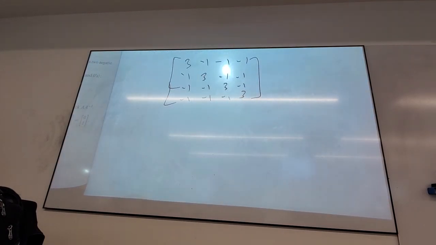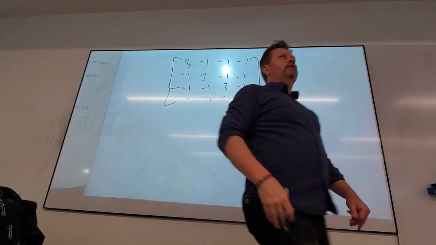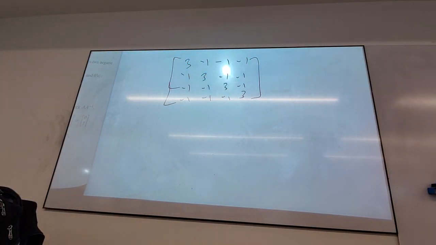Okay, how would I show, if I gave you a matrix, how could you show it's not invertible? You could look at the determinant. I really don't want to look at the determinant of a 4 by 4. But you could. If you want to do it very directly, you just have to find one column that's dependent on any others, any combination of any others.